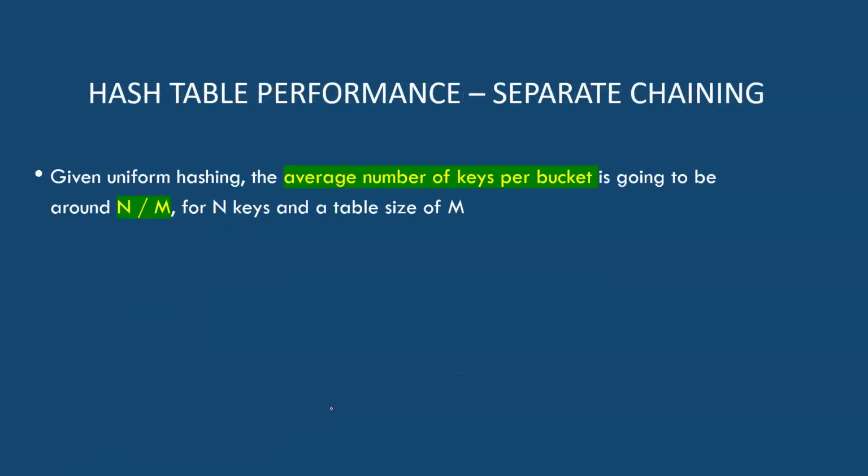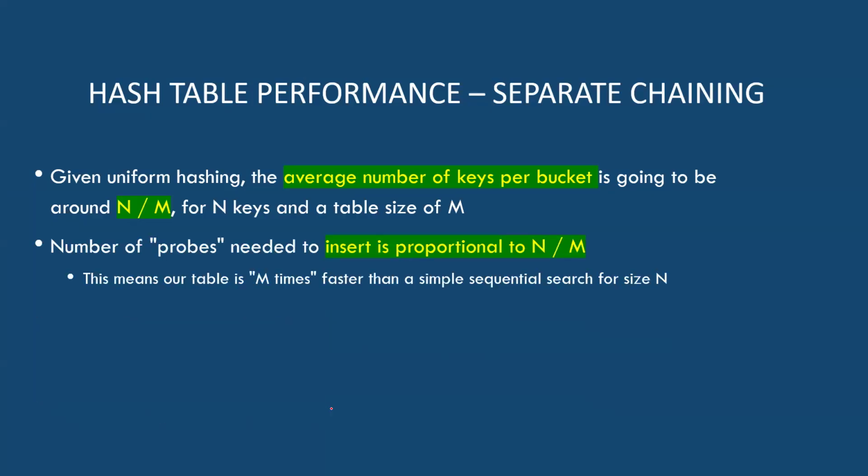So given a uniform hashing function, the average number of keys per bucket is going to be the load factor. That's a fact we should keep in mind. The number of probes needed to insert is going to be proportional to that n over m. This is in separate chaining.